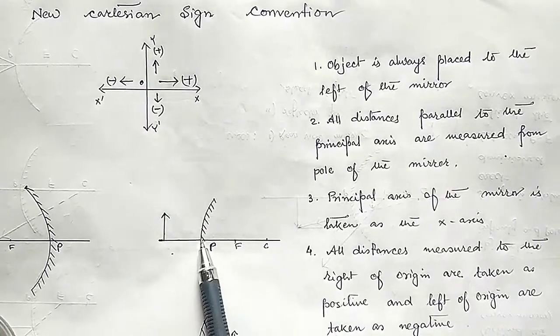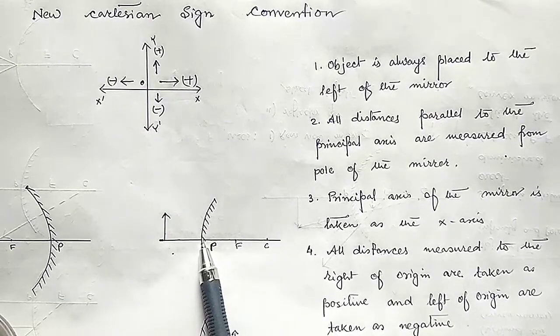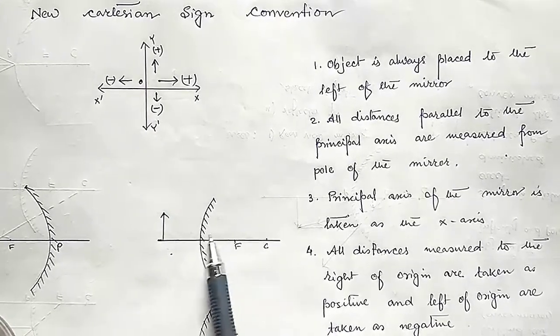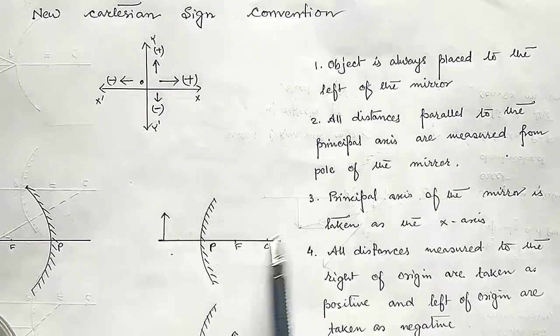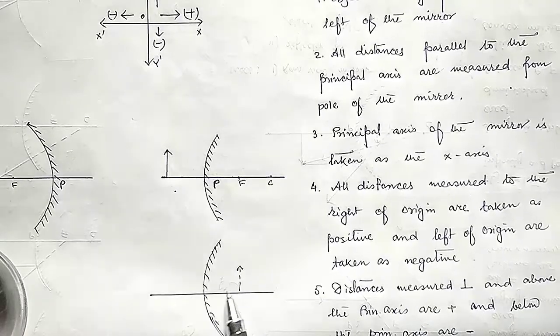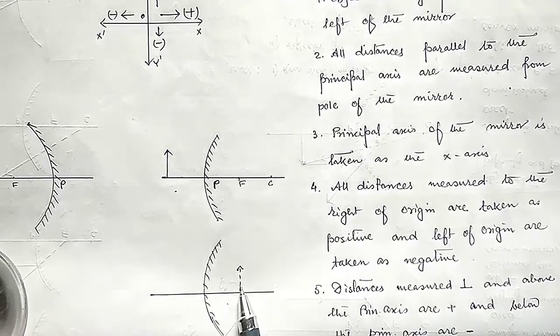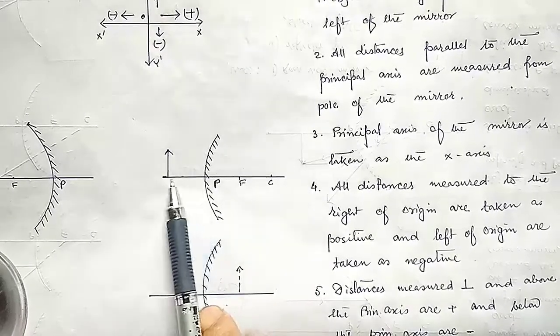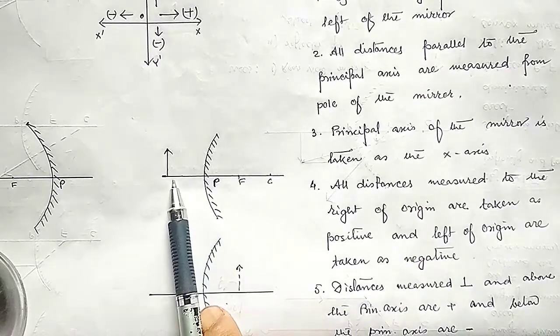Similarly here, the pole is taken as the origin. All distances on the right side are taken as positive. Here you can see, suppose this is the image in a certain case, so this distance will be taken as positive, and the distances on the left hand side, this distance will be taken as negative.